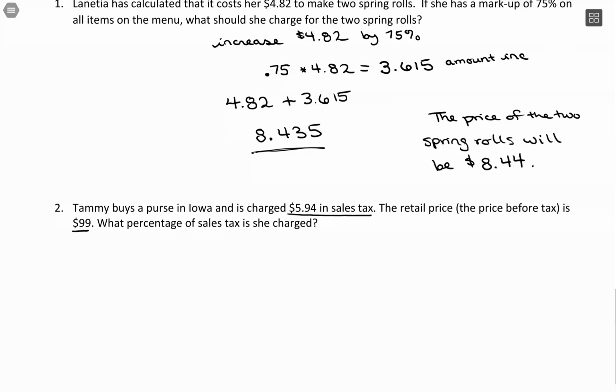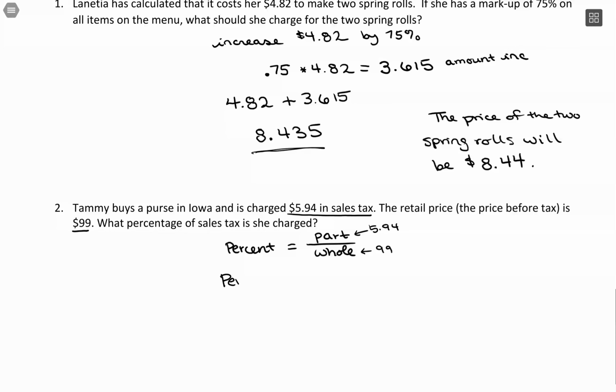So this could go back to our original formula. That's the idea of if we want to know the percent that's changed by, what we could do is in the numerator put what was the part out of the whole. So before tax, it was $99, so that's going to be the whole. And then the tax part is the part that we added on, so that's going to be the 5.94.